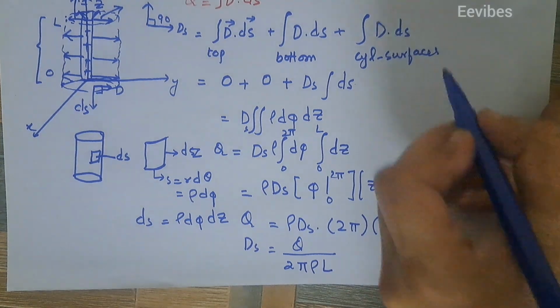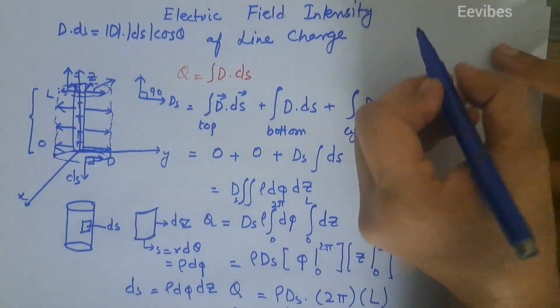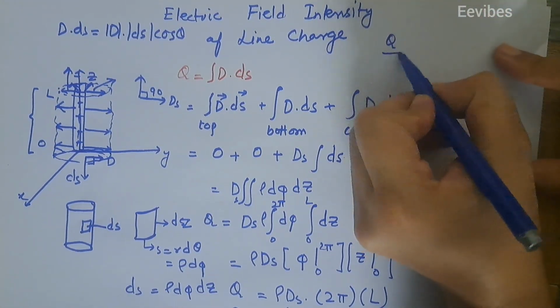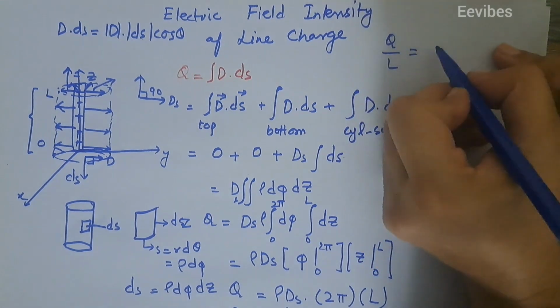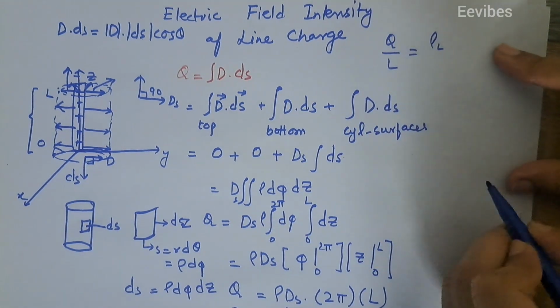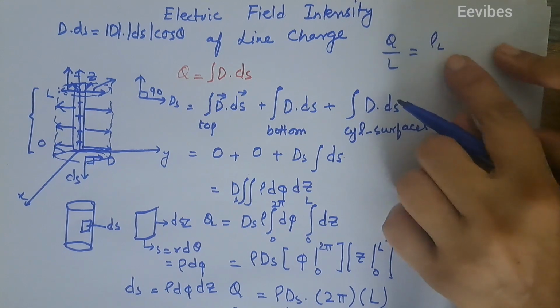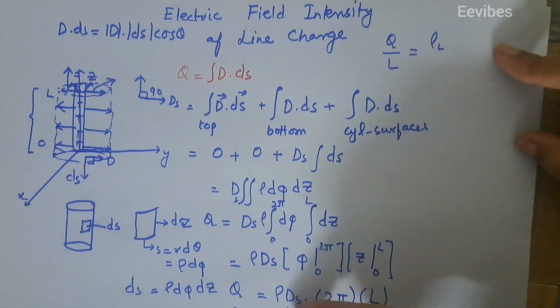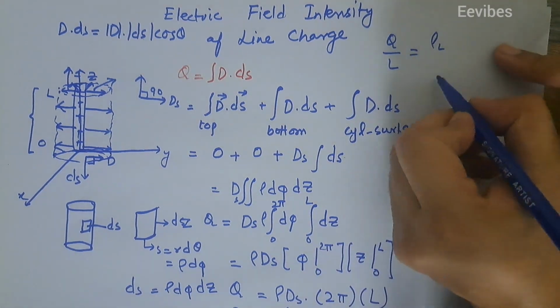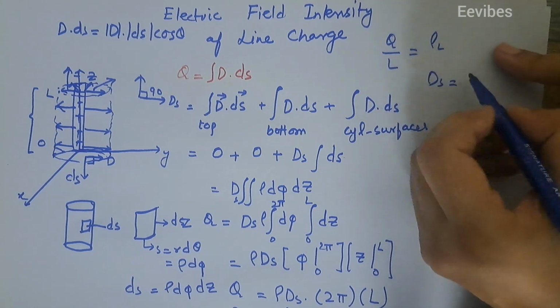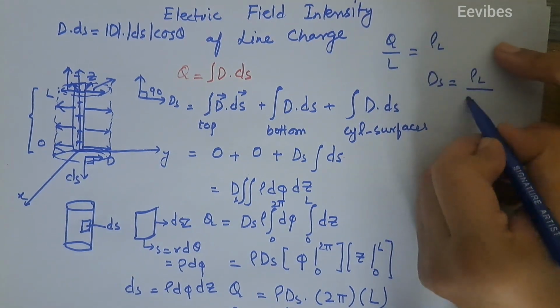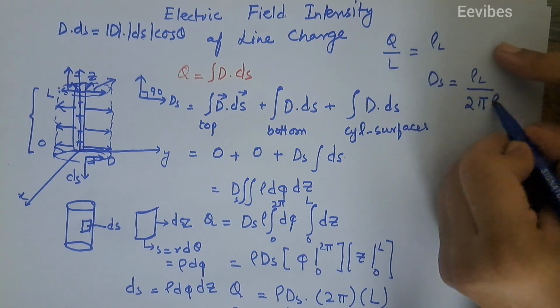As we know, Q over L can be defined as the charge per unit length, which is the line charge density, and its symbol is rho L. So let's substitute Q over L by rho L, and D becomes rho L over 2 pi rho.